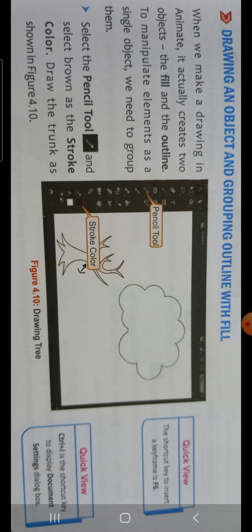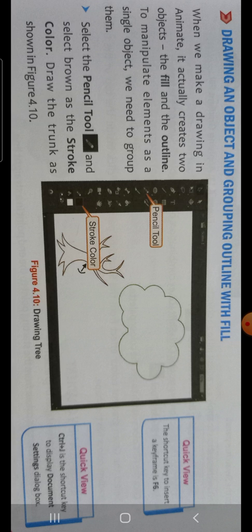So these are the two objects that are created in Animate. Animate treats these two, that is border or outline or stroke and area inside it, differently. So in order to create animation, first we will have to group these two. So under this topic we will discuss this.